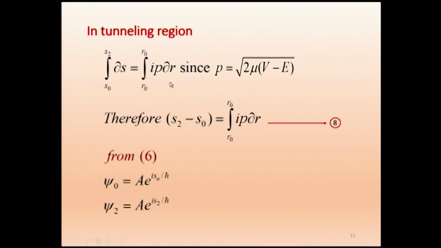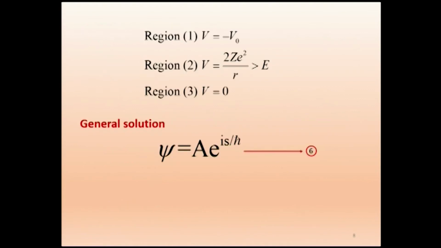Now from equation 6, I will go back to the 6th equation. This is the general psi equal to A e power iS by h cross. Now we have the two limits S0 and S2, so for psi 0 you put S0, and for psi 2 you put S2.